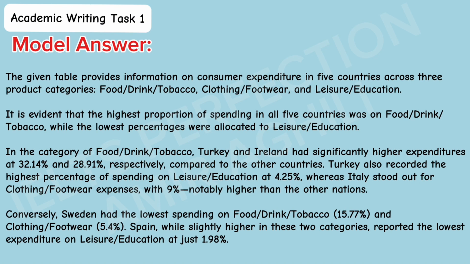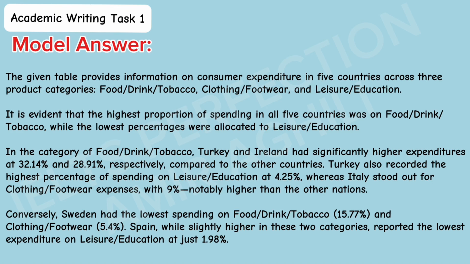In the category of food, drink, tobacco, Turkey and Ireland had significantly higher expenditures at 32.14% and 28.91%, respectively, compared to the other countries. Turkey also recorded the highest percentage of spending on leisure education at 4.25%, whereas Italy stood out for clothing, footwear expenses, with 9%, notably higher than the other nations.